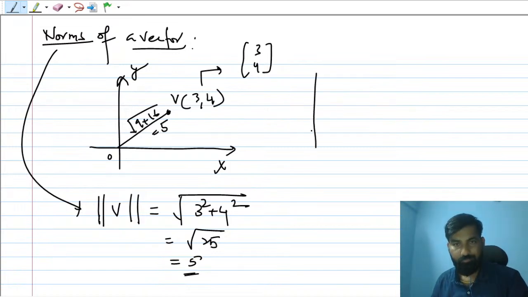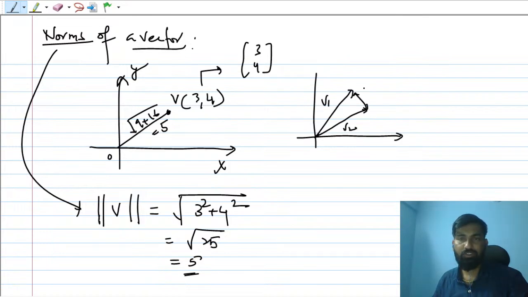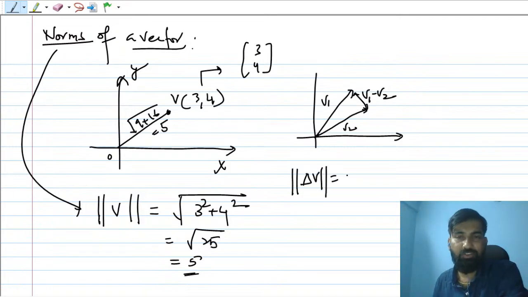And if you have been given two vectors, this kind of vector, okay, understood. Suppose this vector is v1, this vector is v2, so you need to find the difference between these two vectors, right? You can say v1 minus v2 is the difference. So you can find the change in the vector. Change in the vector will be v1 minus v2.